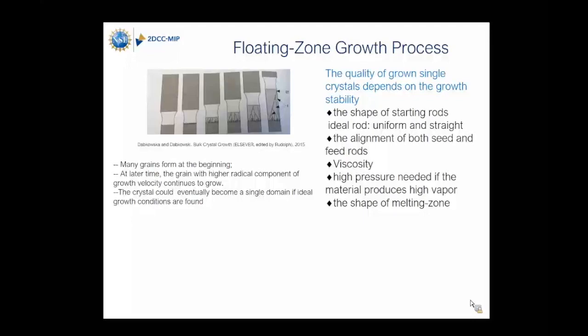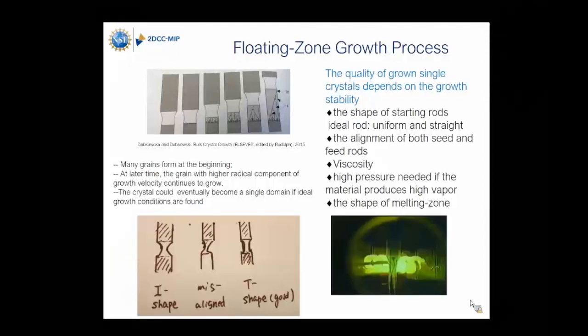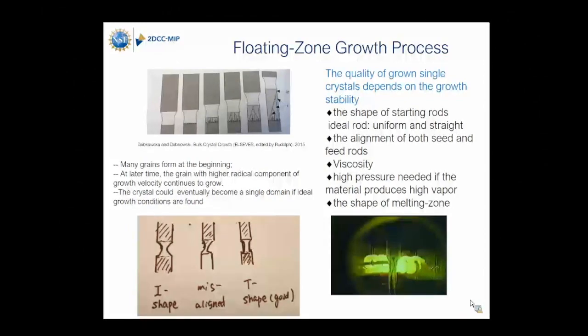Sometimes it's very difficult to make such a straight and uniform rod. And you have to align these two rods in excellent shape; their axes have to be aligned along the central axis, right? If it's misaligned, that could cause problems. You will see this when they are connected. When this happens, you cannot get a good crystal.